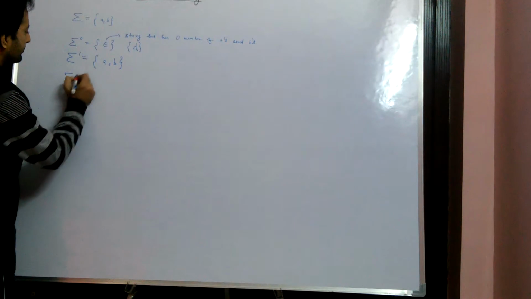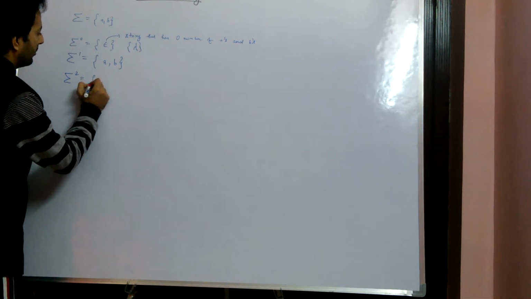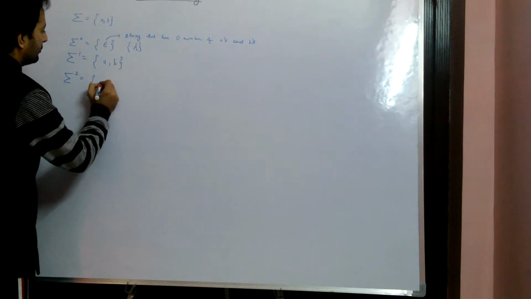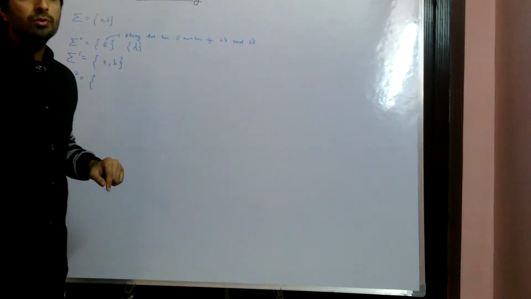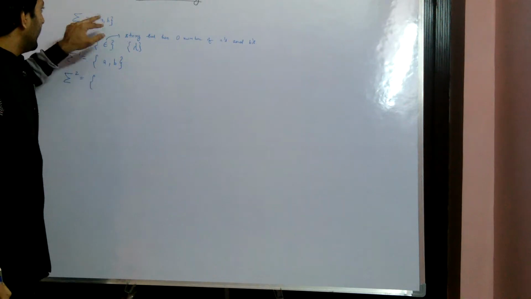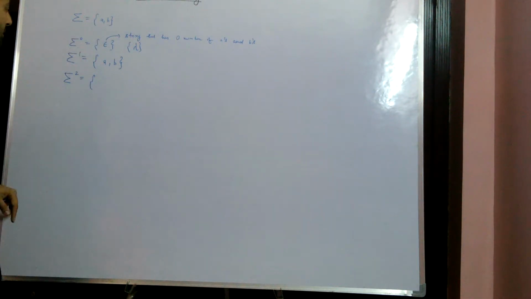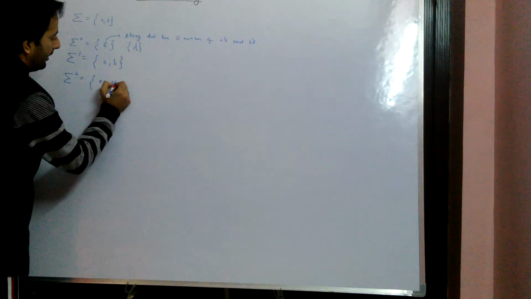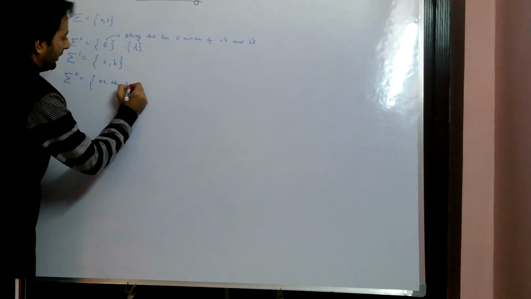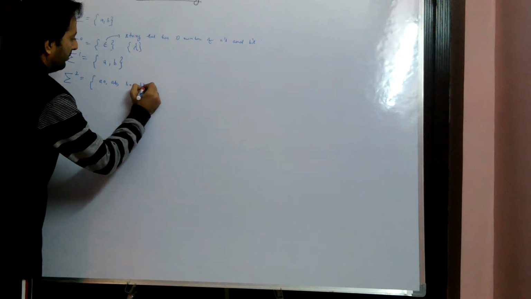Similarly, we can have strings of length 2. For strings of length 2, we can have any combination of A's and B's: AA, AB, BA, BB.